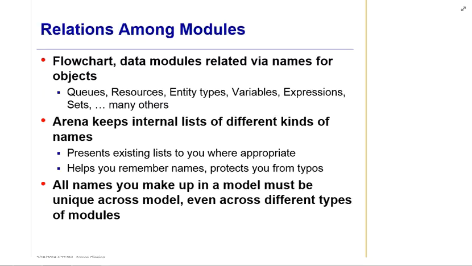So again, Arena keeps that internal list, and the important point is that internal list can then be accessed by other modules. For example, queues, or even resource utilization. You could look at that variable and make a decision based on it. So it maintains that for you.